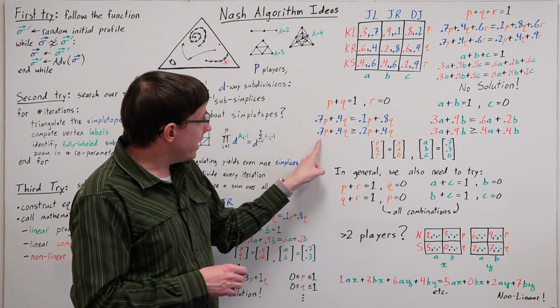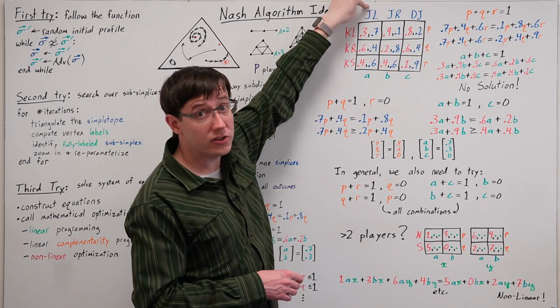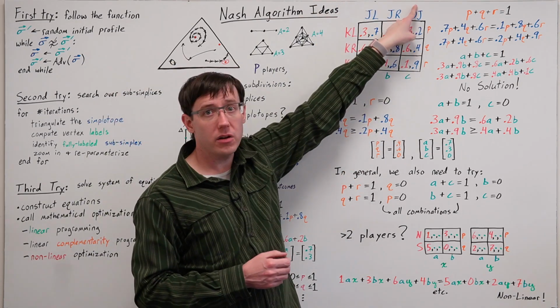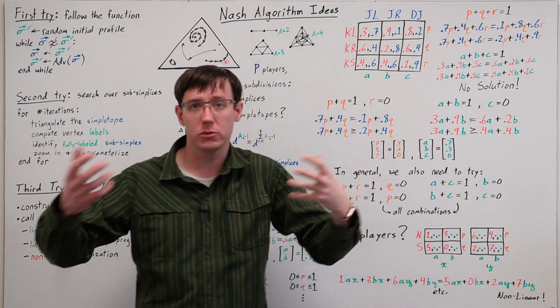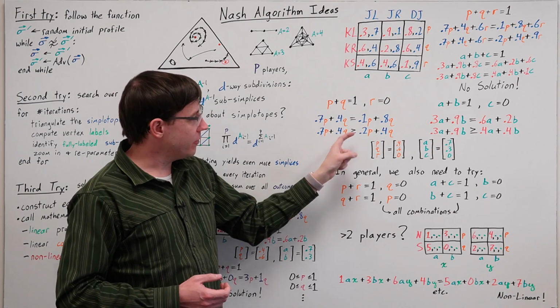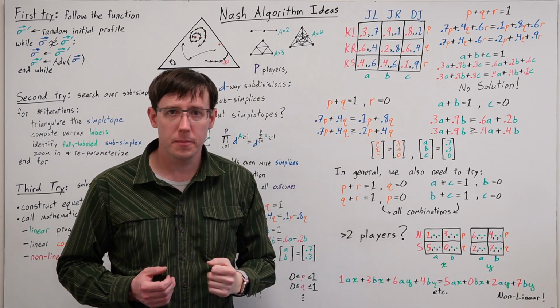So the expected utility that the goalie gets from one of these actions has to be at least the expected utility that they would get from playing the action outside the support. And so we say that this expected payoff is greater than or equal to the one for don't jump.